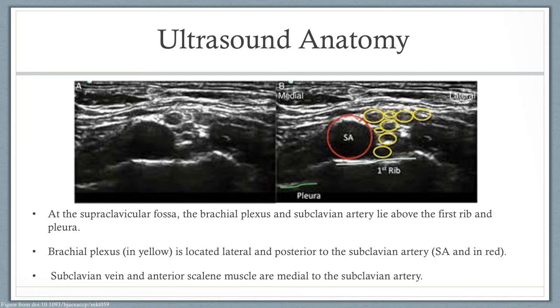The brachial plexus is located lateral and posterior to the subclavian artery as hypoechoic round nodules. The subclavian vein and anterior scalene muscle are medial to the subclavian artery. The dorsal scapular artery commonly passes through or within the area of the brachial plexus.